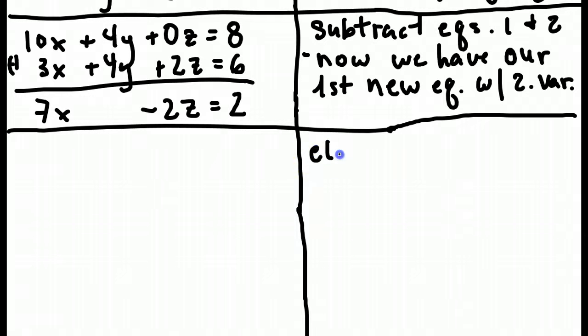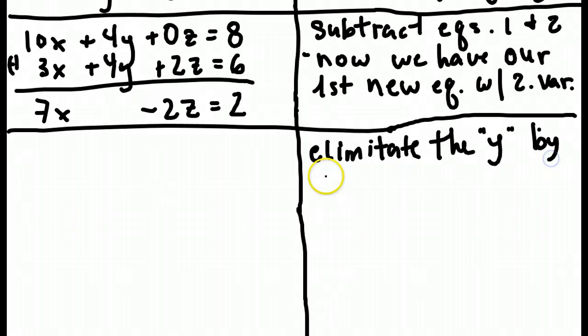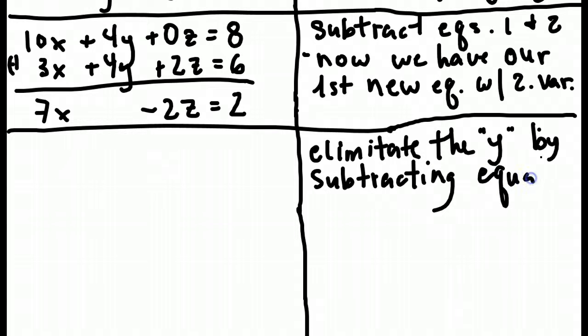So I'm going to write it as eliminate the y by subtracting equations 2 and 3. Okay, so equation 2, Robert, you getting this down, sir? Yeah. Okay, good.